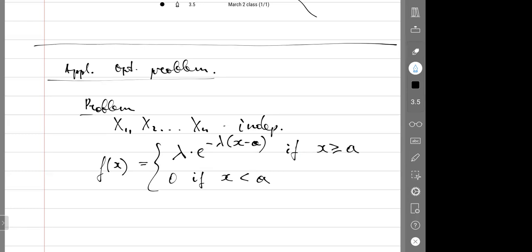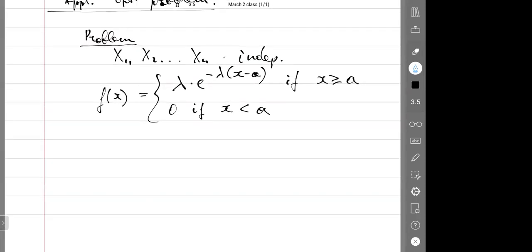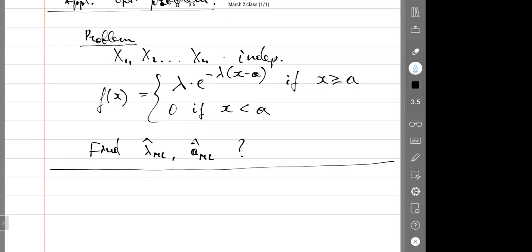And my question is: find lambda hat and a hat by maximum likelihood. The problem is clear? Thank you, it's clear.